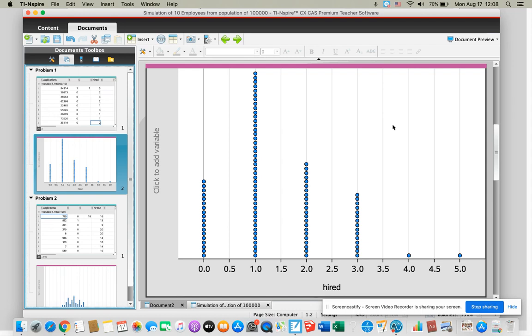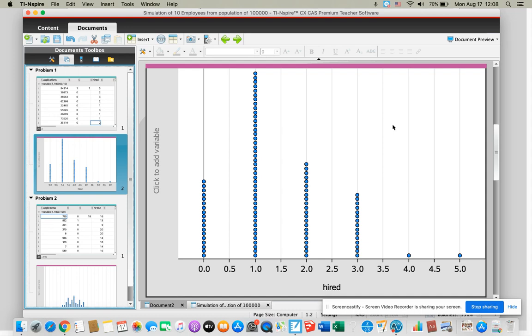And it's powerful because you can look and say, if things are truly random, for a person choosing 10 employees from a pool of 100,000 people, where 15% of them are of color and 85% are white, this is what you would expect to see as your distribution.